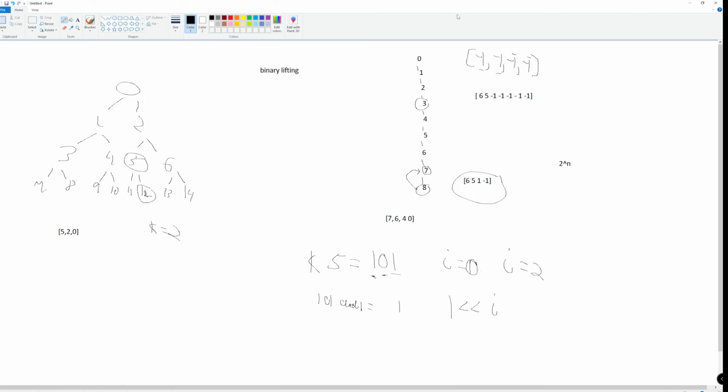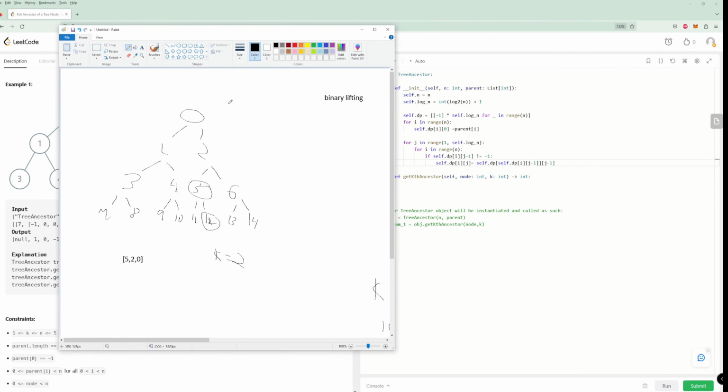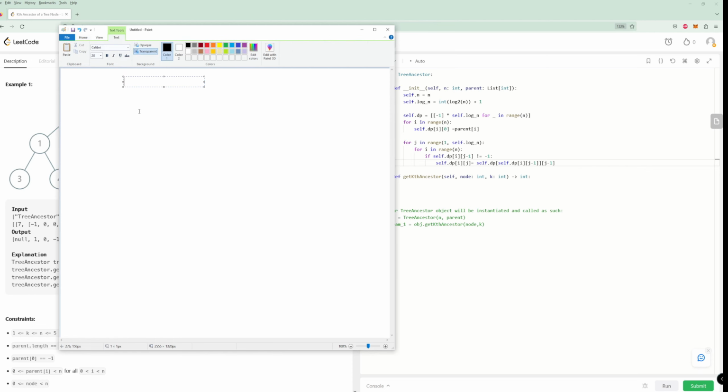Let me draw out these nodes again. Okay, so let's say we have these nodes again, 0 to 8. So let's just say 0, 1, 2, 3, 4, 6, 7, 8. These are the nodes, and let's make an array for all of these.